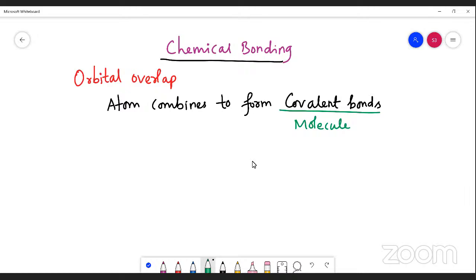To form a molecule, and we know how these molecules are formed. So the molecules can be formed by the overlapping of the atomic orbitals. How is this molecule existing? This molecule can be formed by the overlapping of atomic orbitals.